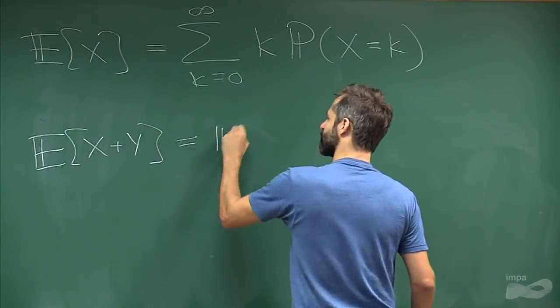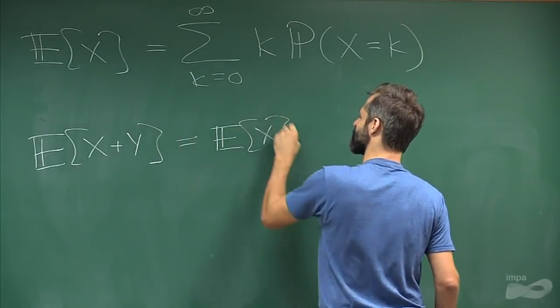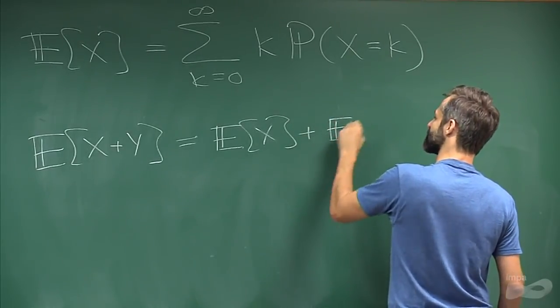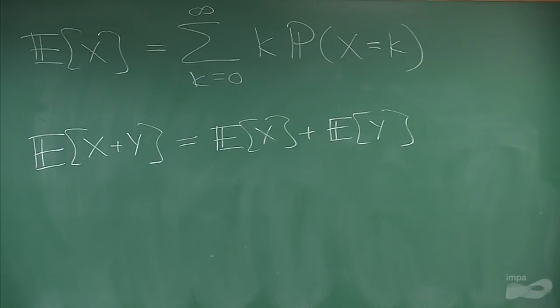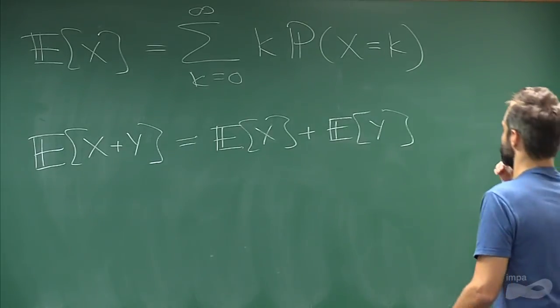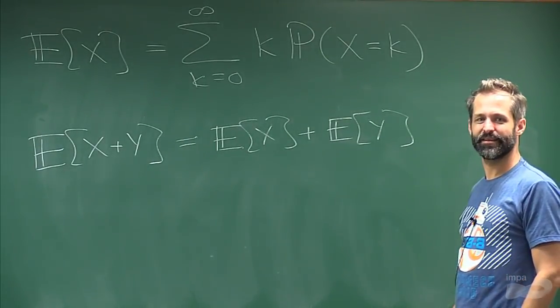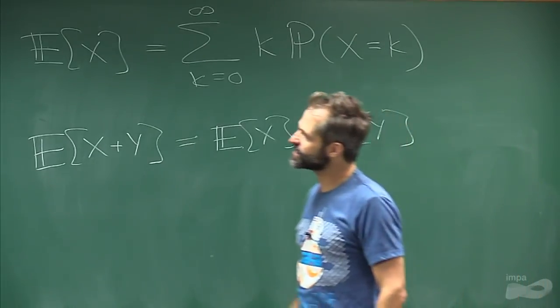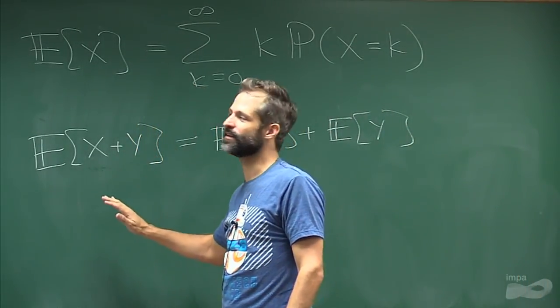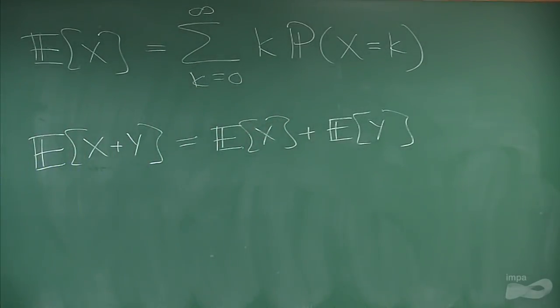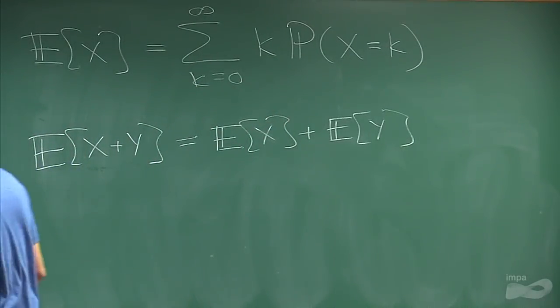The expectation of X plus Y is just the expectation of X plus the expectation of Y. And this follows just from the definition. This is the key property, and you don't need independence or anything, it's just true always. And what is our X here?